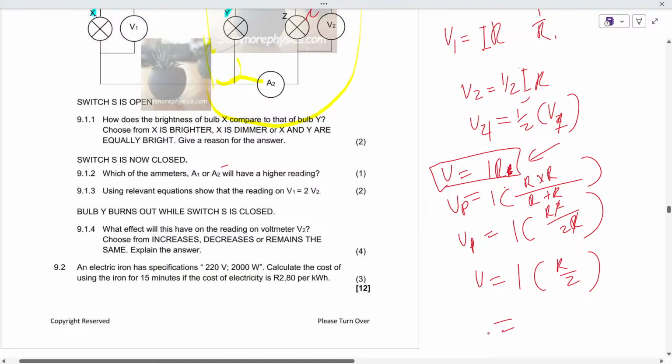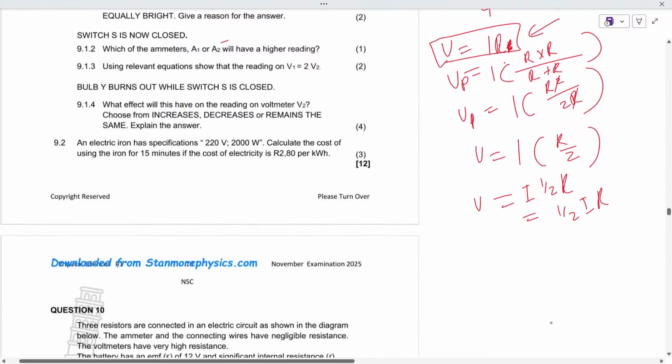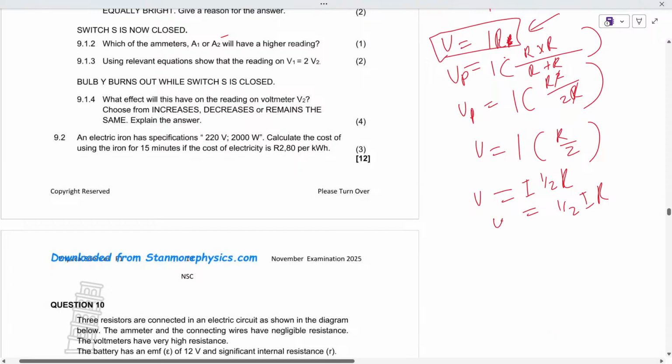So Vp equals I times half R, and then it's half IR because there's no multiplication order. Then you just say V equals half V1.